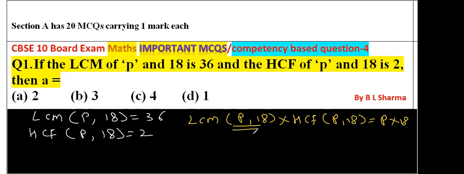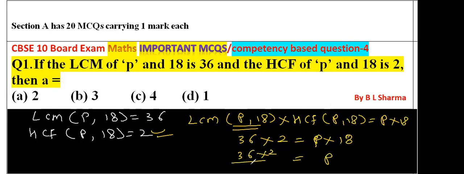The LCM is given 36, the HCF is given 2, that is P into 18. So P is equal to 36 into 2 by 18.